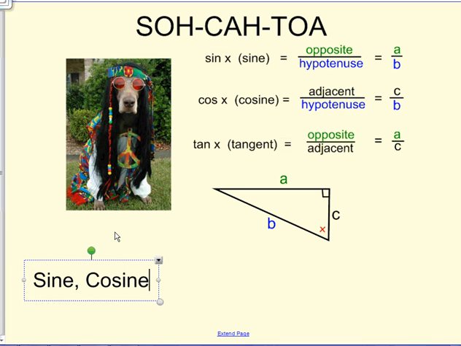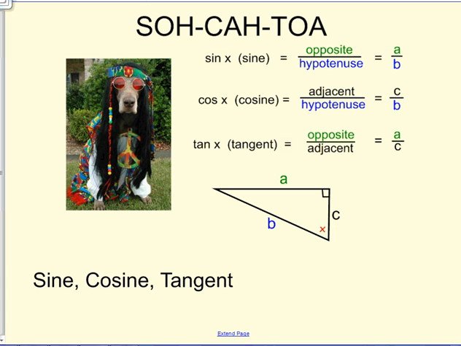Sine is abbreviated SIN, cosine is COS, and tangent is TAN. There's a really cool acronym to help you remember the ratios for each side. It's SOHCAHTOA, a widely used acronym for this.